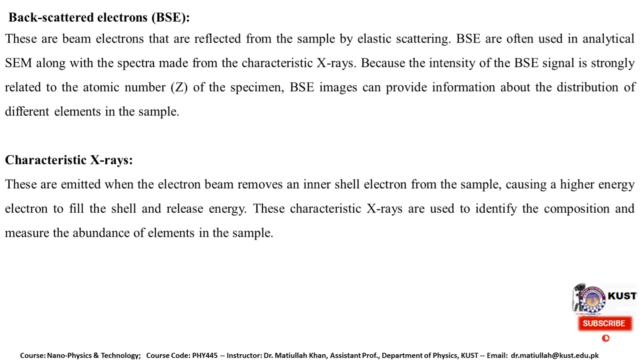Because the intensity of the BSE signal is strongly related to the atomic number of the specimen, BSE images can provide information about the distribution of different elements in the sample. So we can also get information from the backscattered electrons, and there are different detectors used to collect or detect the backscattered electrons at different positions.